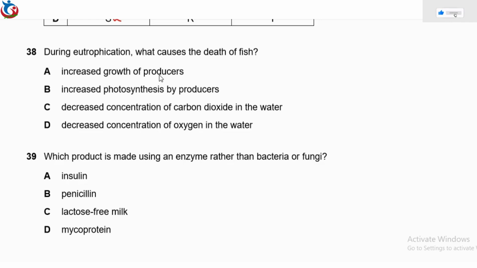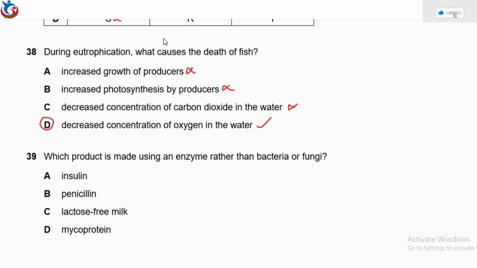So eutrophication does not increase growth of producers, does not increase photosynthesis by producers, does not decrease the concentration of carbon dioxide in the water, but rather decreases the concentration of oxygen in the water, thereby resulting in the death of fish in aquatic life.